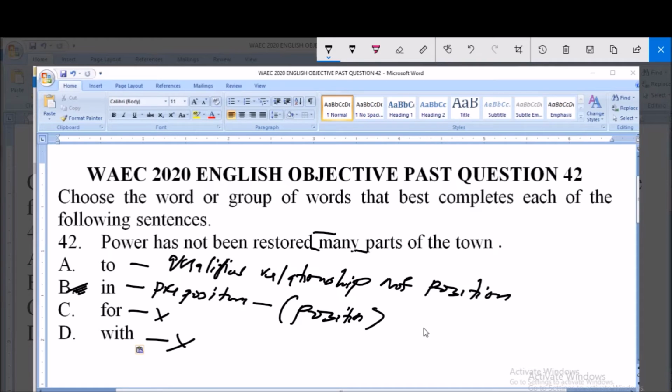Now let me quickly explain about "in" and "at". Listen very well. I cannot say "I live at Nigeria", it is ungrammatical. But I can say "I live in Nigeria" because "in" is used for a larger position.